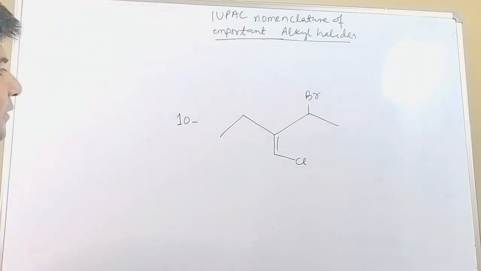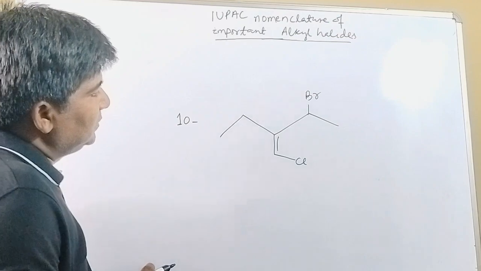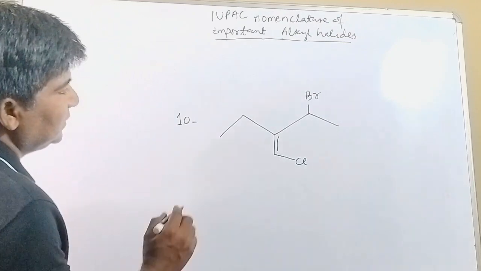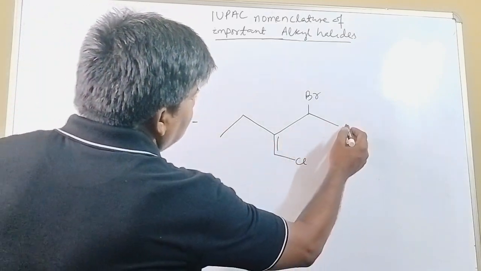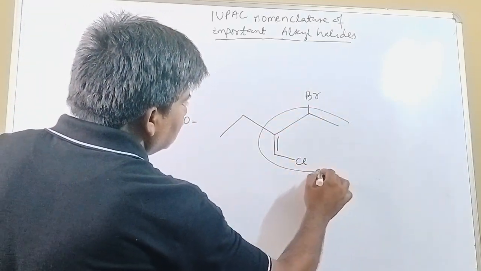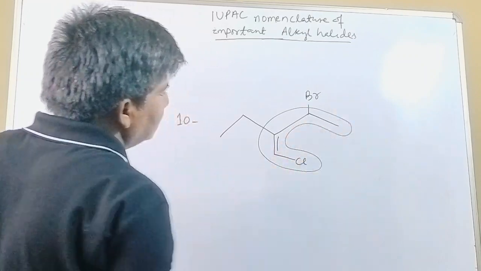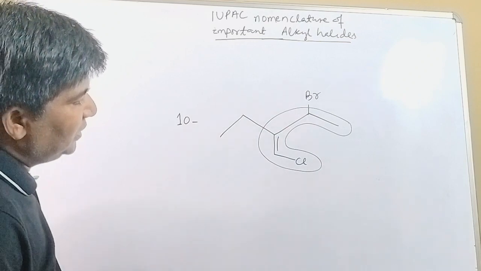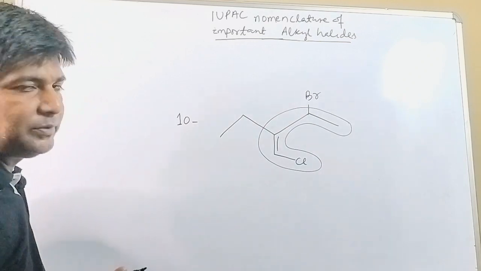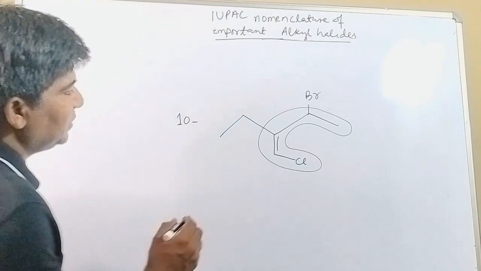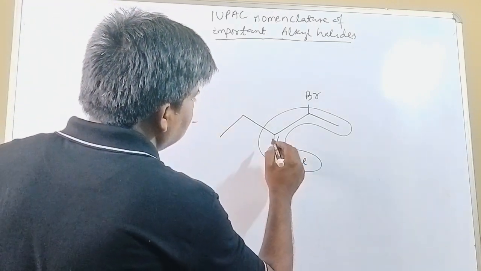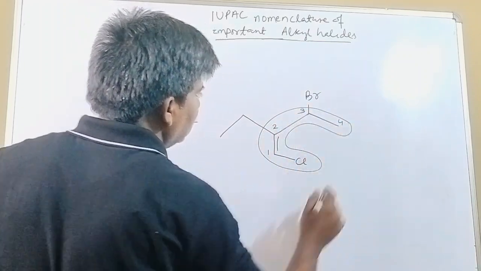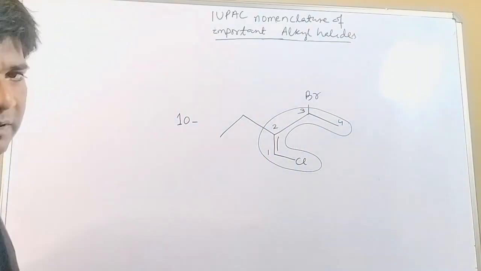So here there are three substituents. And this is the principal carbon chain. So we should start numbering in such a way that the double bond is given the lowest locant. That's why we start numbering from this side. So 4 carbon atoms in the principal carbon chain.